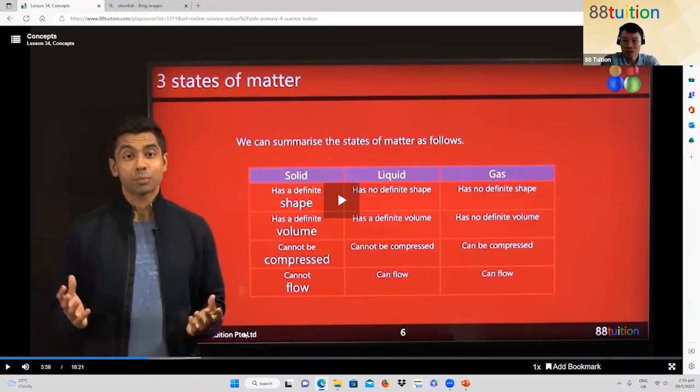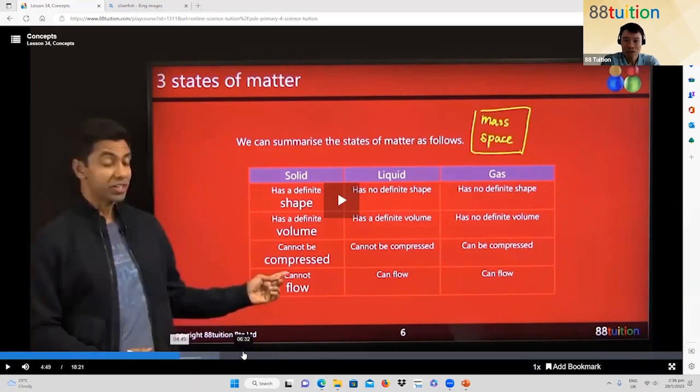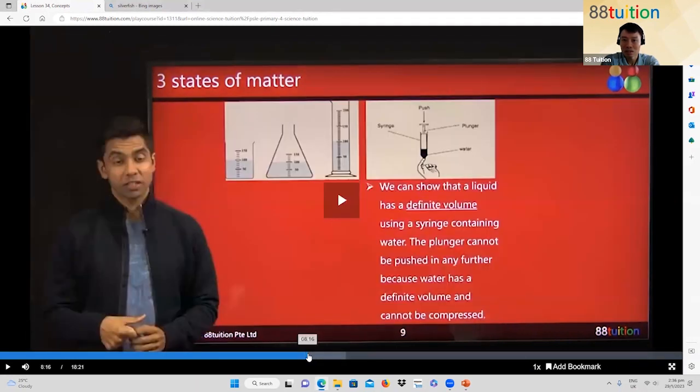Let's look at the next part. This is nothing new, still the 3 states of matter: solids, liquids, and gases. Again, I showed you a YouTube video to illustrate that liquids cannot be compressed, but gases can be compressed.